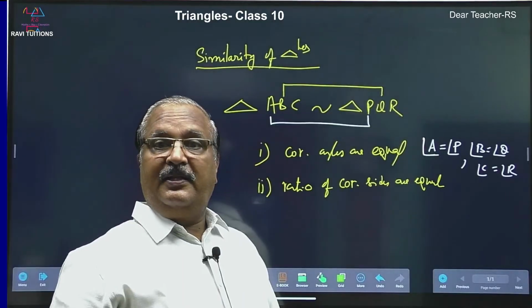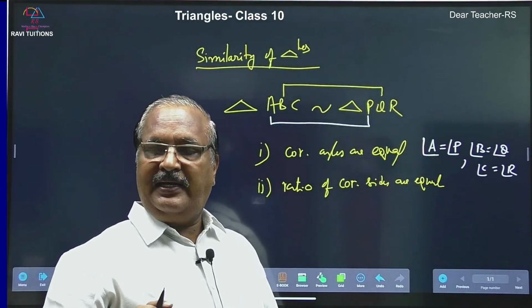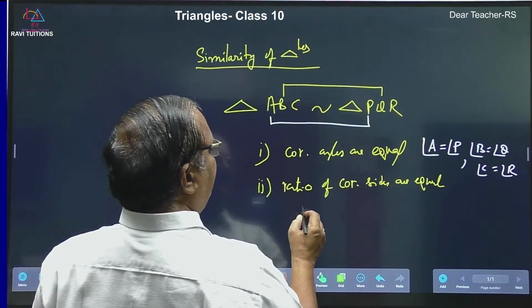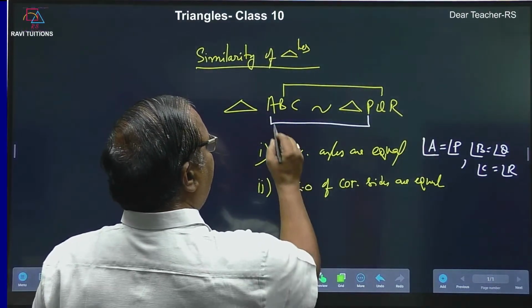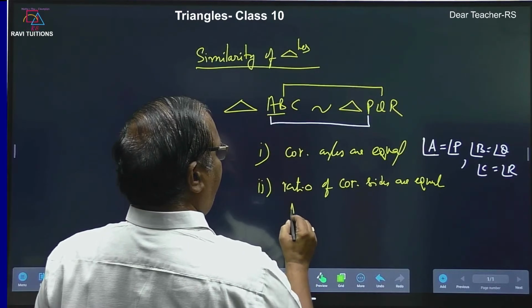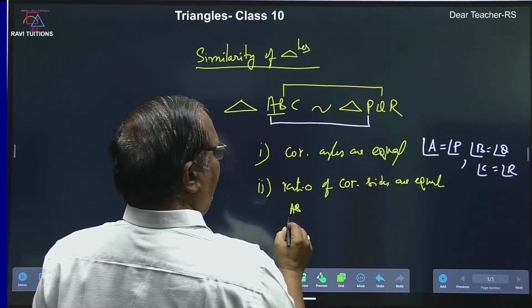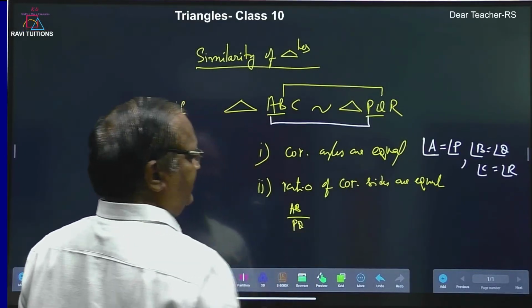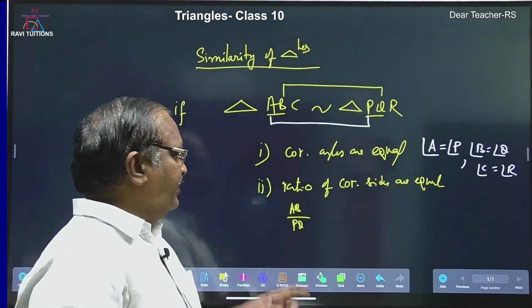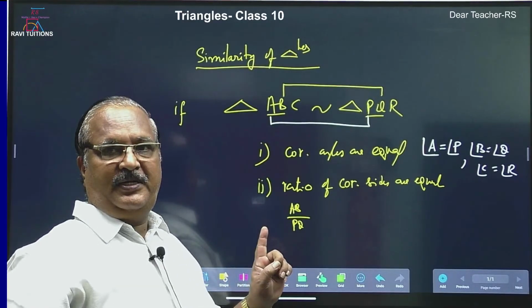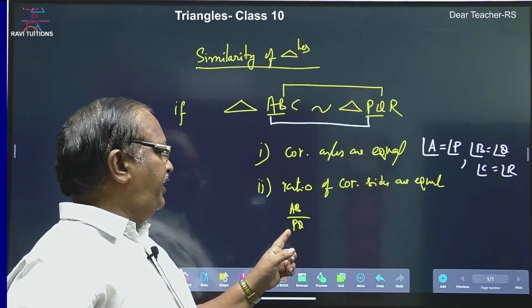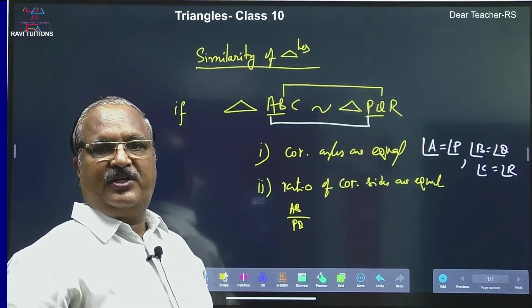Okay, what are the corresponding sides? Angles use only one letter, whereas sides use two letters. So here the first two letters AB, and AB corresponds to PQ, AB by PQ. This is the ratio of one pair of corresponding sides. AB belongs to the first triangle, PQ belongs to the second triangle.